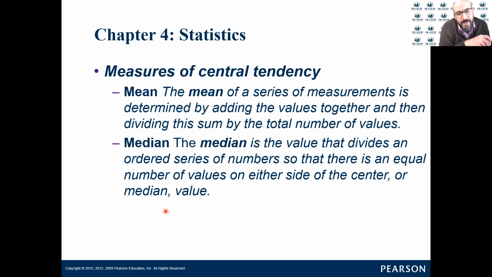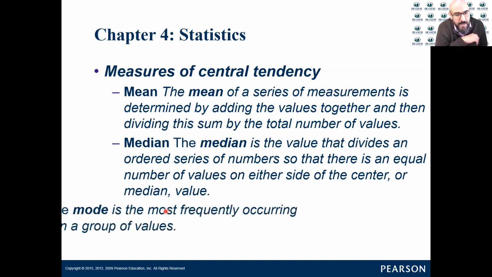And the median is the value that divides an ordered series. So you have to sort the series from higher to lower, and then the value that divides this ordered series into two halves, two equal numbers of values, that would be the median.